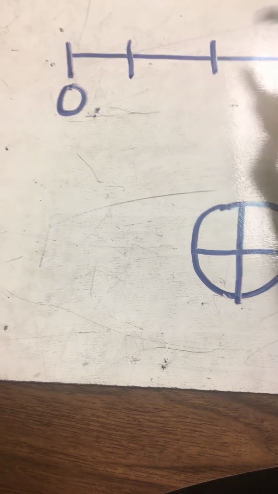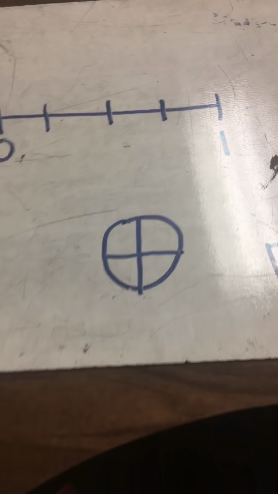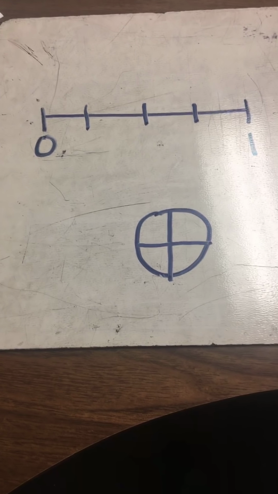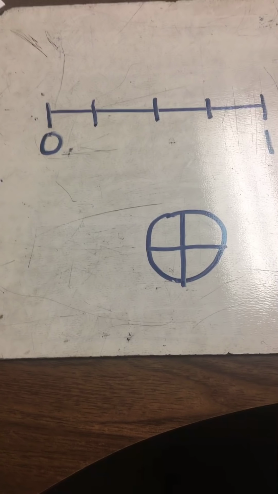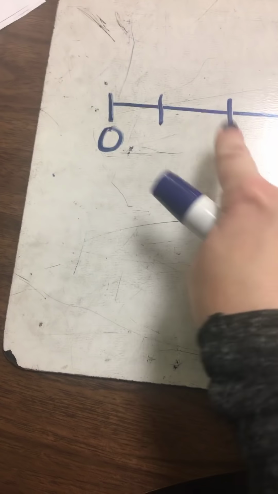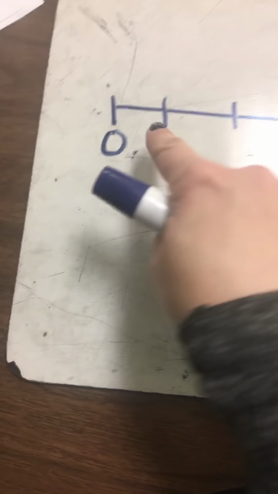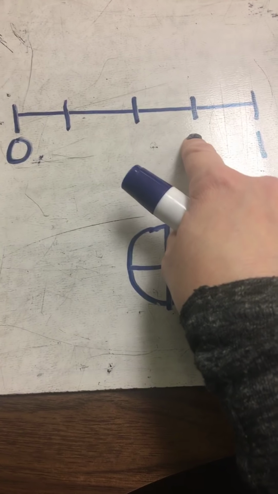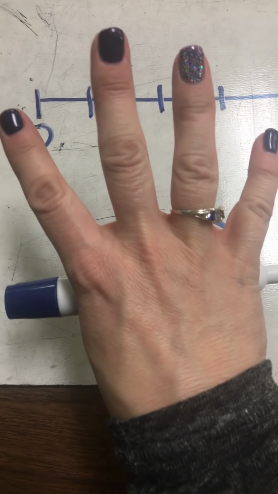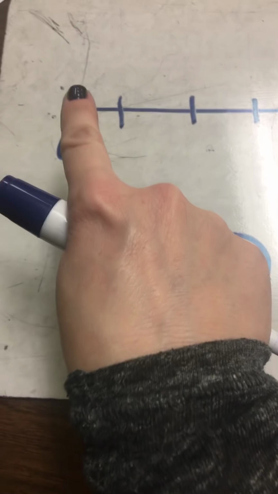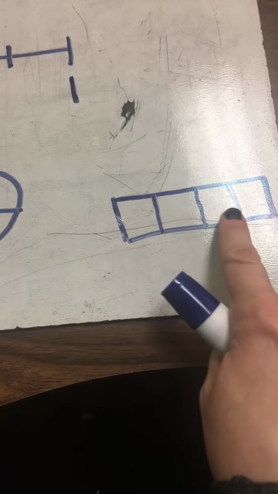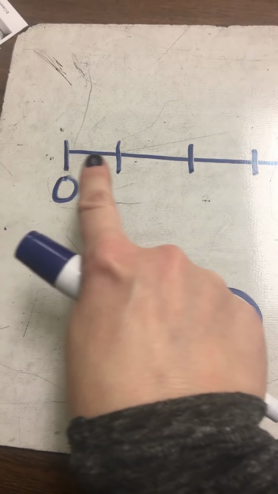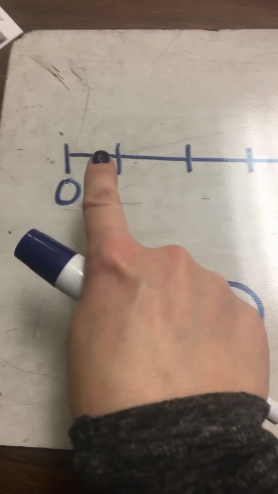1, 2, 3. So then if you look, and again, your brain's going to want, when you first start doing this, your brain's going to want to go 1, 2, 3. 1/3, 2/3, 3/3. But you got to fight it. Fight the urge to do that, okay? Look at the sections. Just like when you look at a rectangle, you look at the sections. 1, 2, 3, 4 sections. Oh, okay, so here, it's just here.